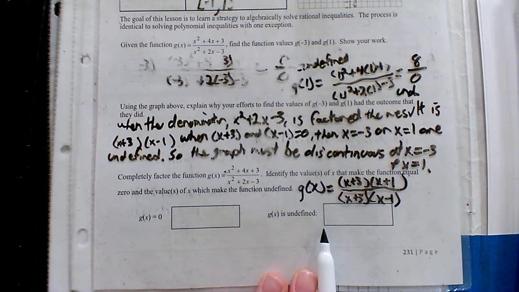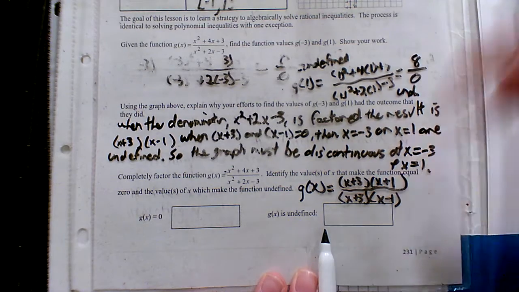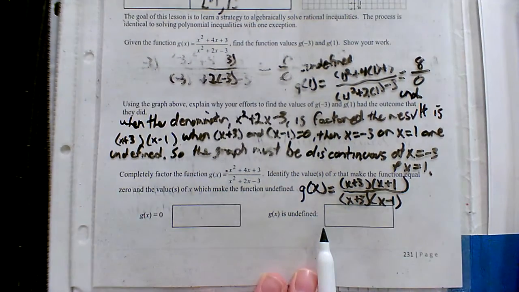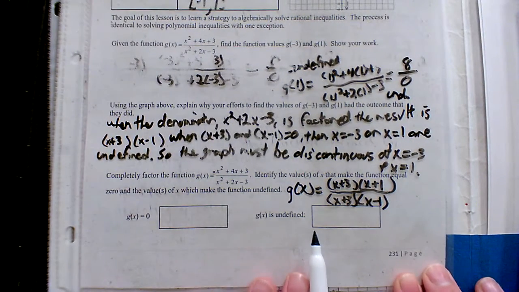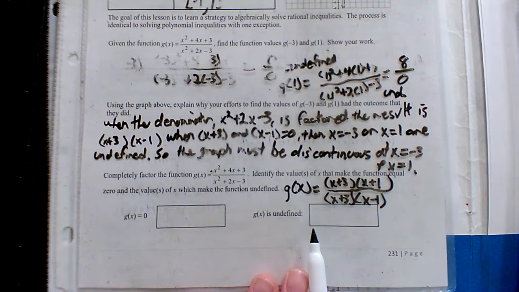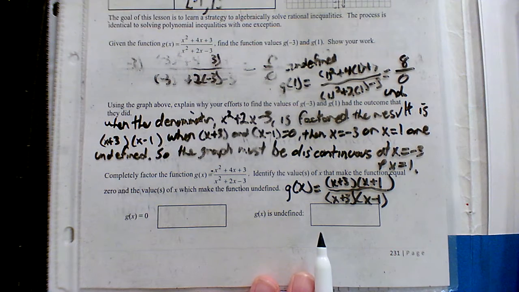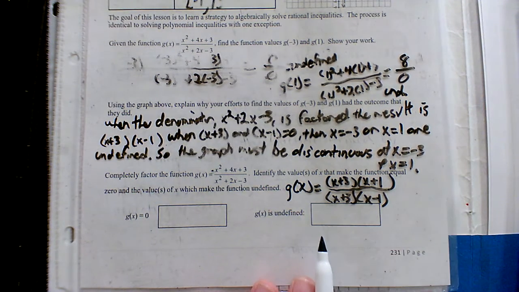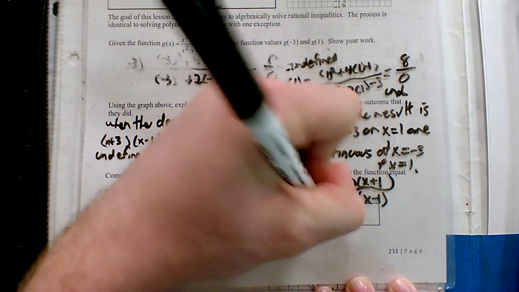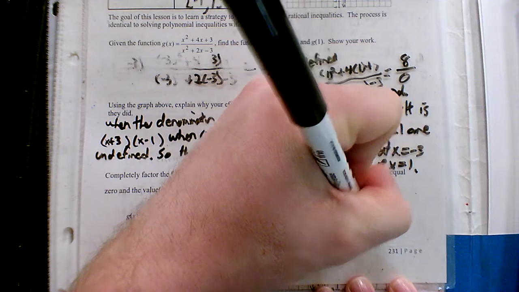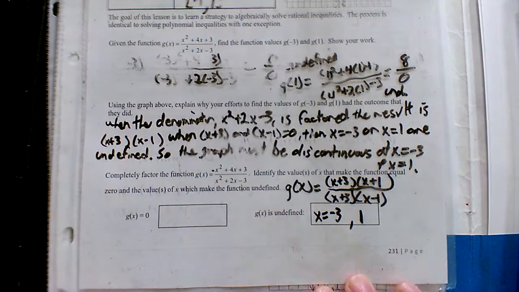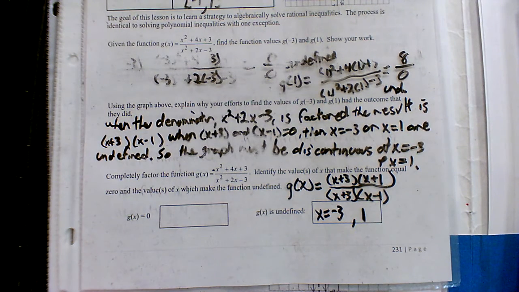We've already talked about g of x being undefined, and we discussed it in the problem above, and the problem above that, and we talked about it graphically. So what are x values where g of x is undefined? We've talked about it numerous times so far, and we proved it in the example right above. X equals negative 3 and 1. Okay, those are the two places where it's undefined.